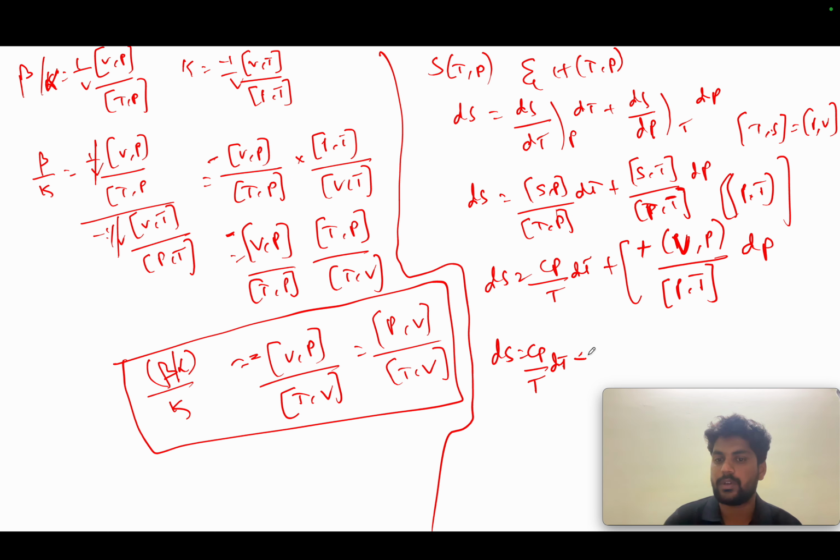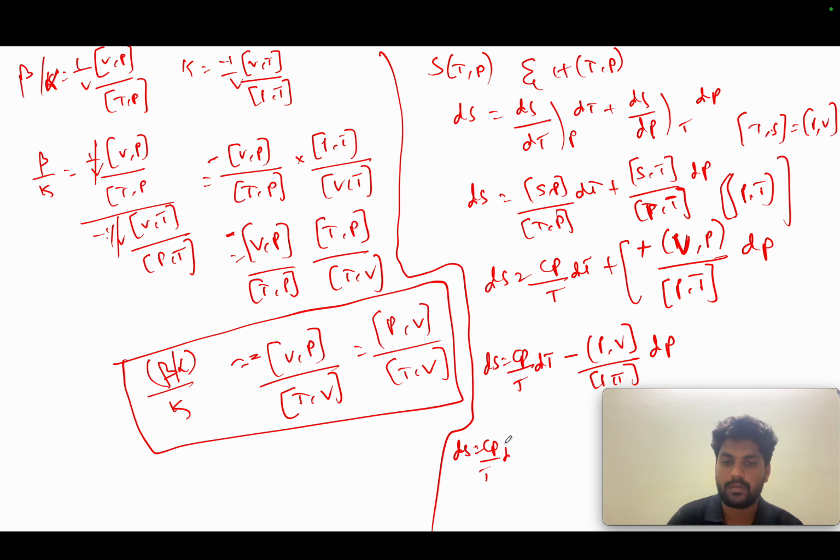So now if I move it outside, it will come as positive. So now this will be dt minus, sorry, one second.